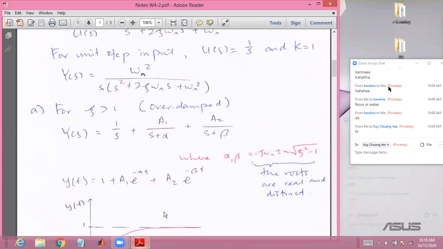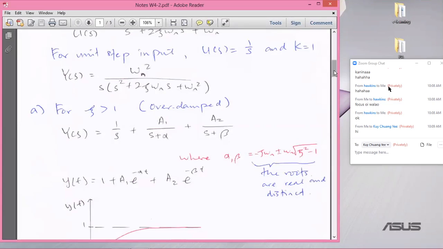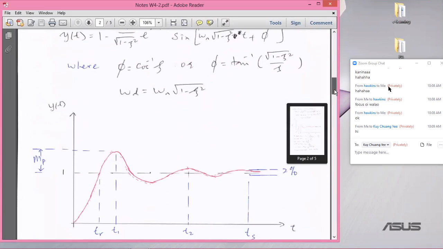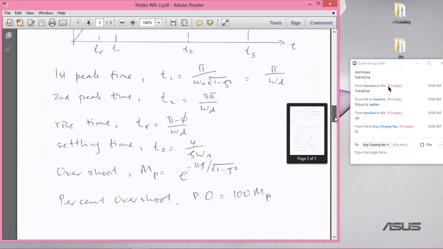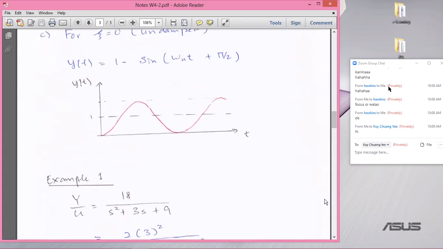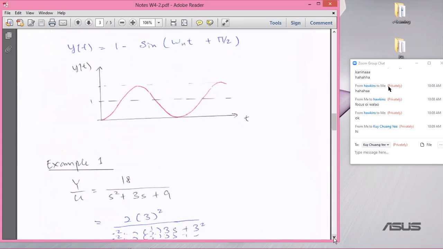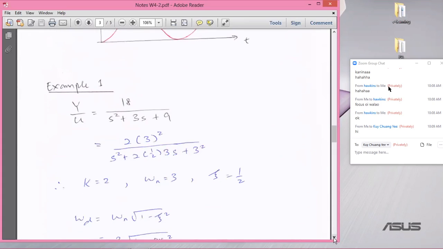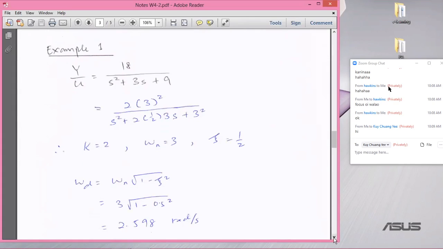All right, so now let's take a look at the solution. This is the original transfer function, and then you can write this simply in this format.